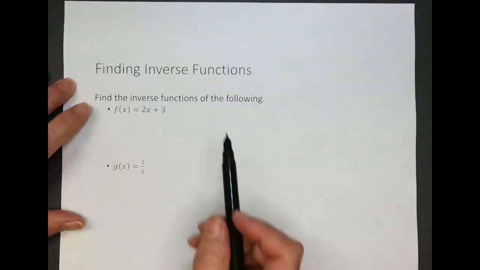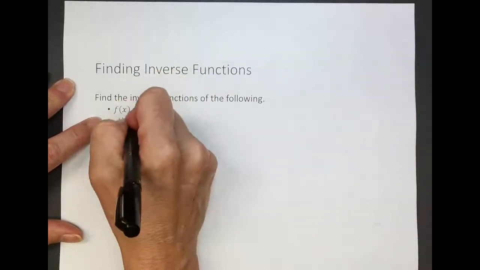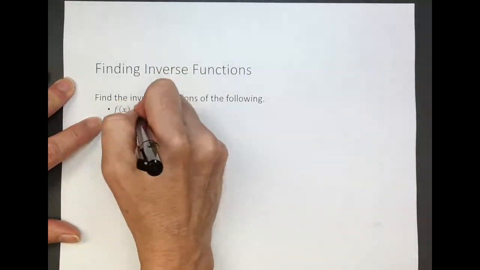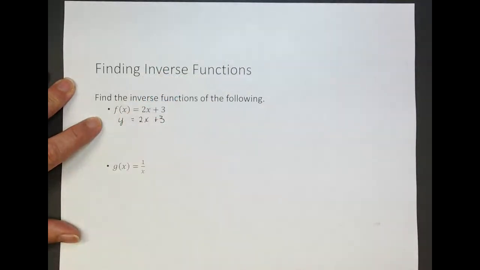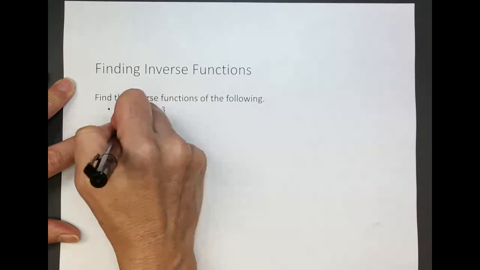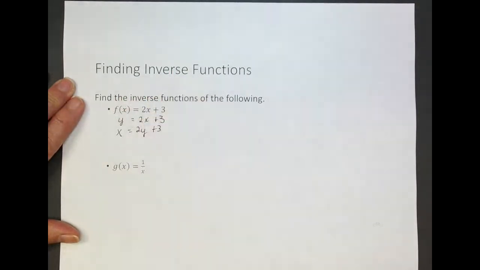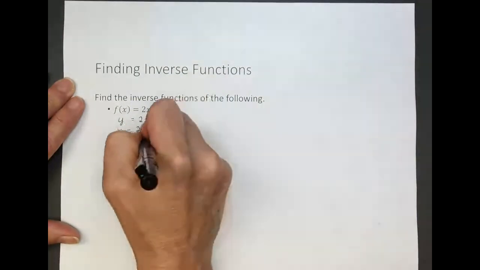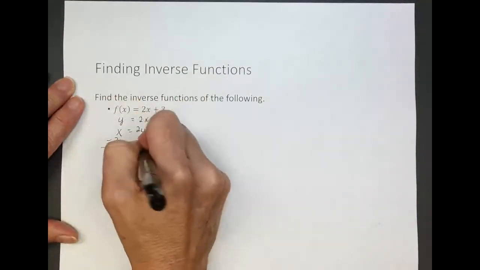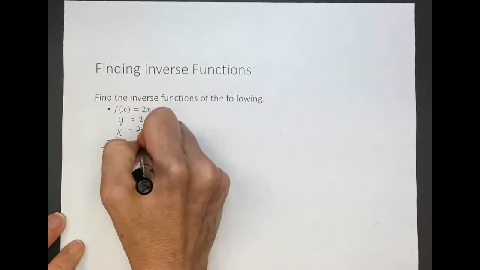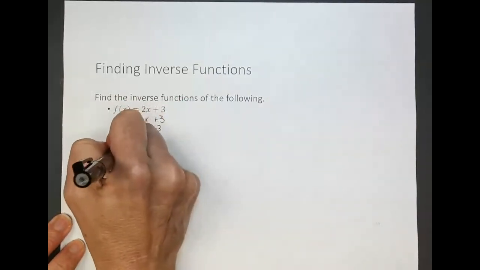All right, so to find the inverse of this function, first let me write it as an equation. y equals 2x plus 3. Then let me swap my x and y. So then I'll say x equals 2y plus 3, and I need to solve for y. We'll subtract 3 from both sides, so 2y then is going to equal x minus 3.